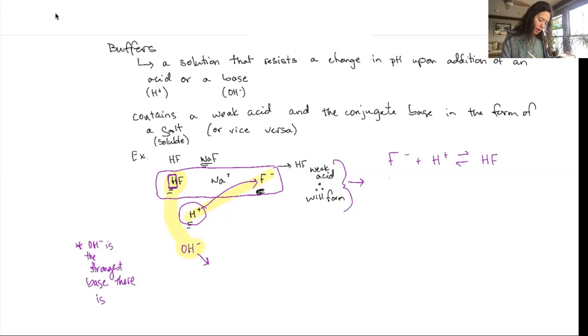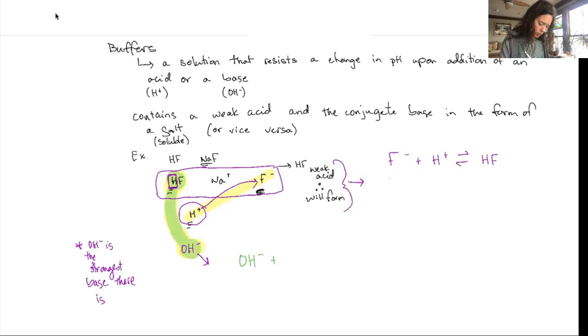If we were to add a base, what you need to learn to recognize is that this base will react with the weak acid, okay? So in our equation, we are adding the base, so it must be a reactant.